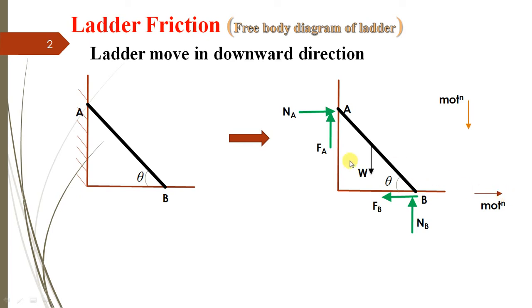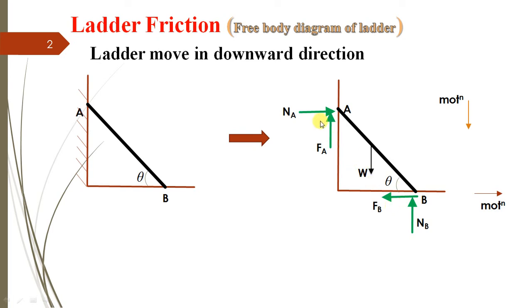Due to this, friction will be developed at the junction of A and at the junction of B. As this point moves downward, friction will always be opposite to the direction of motion, so it is in the upward direction. Similarly, this point B is moving outward, so the friction offered by the floor on the ladder will be towards the left.